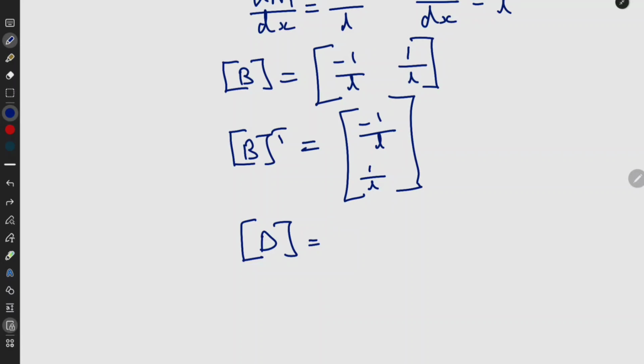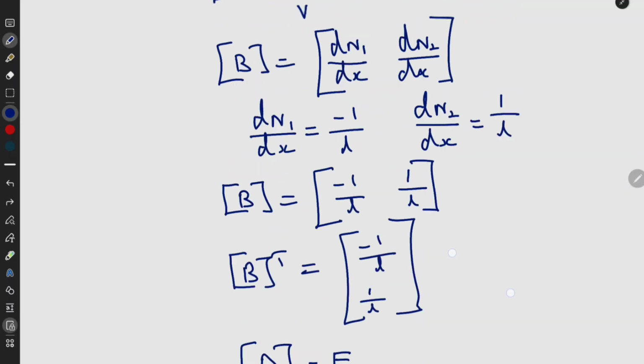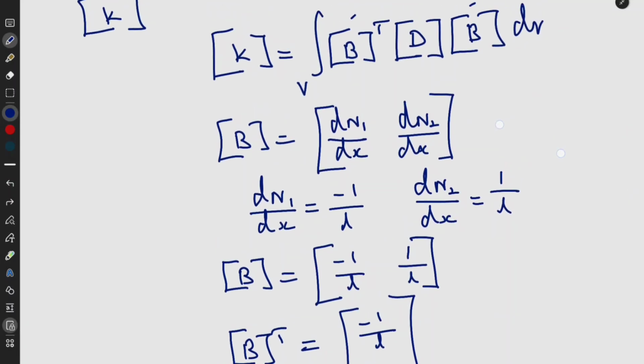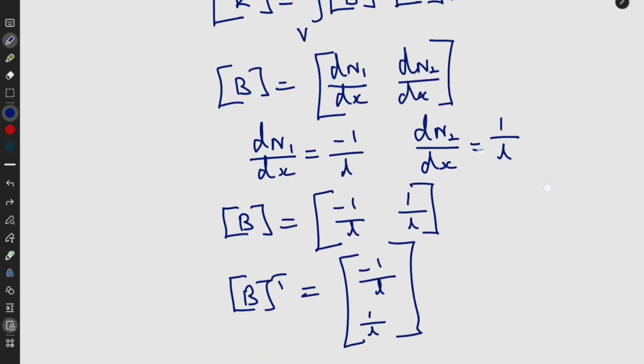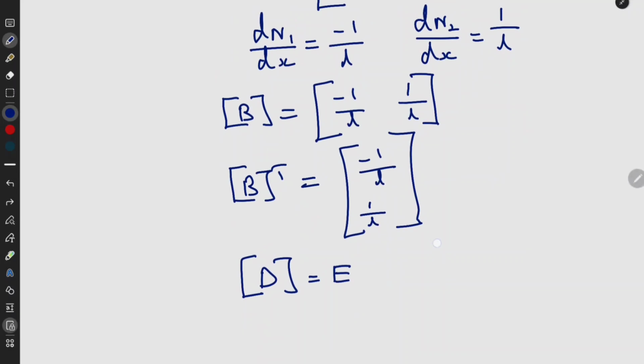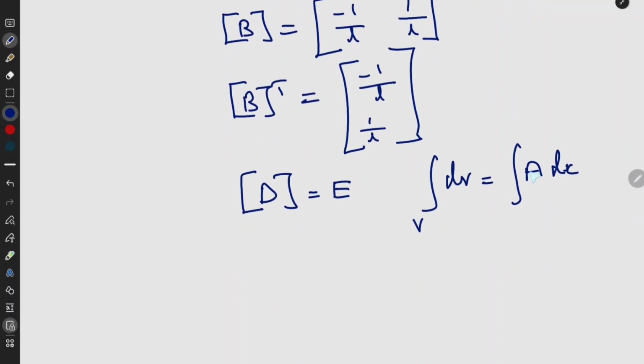The relationship between stress and strain is Young's modulus, that is E. Next I am going to change the volume integration to area. The integral of dV can be represented as the integral of A into dx.